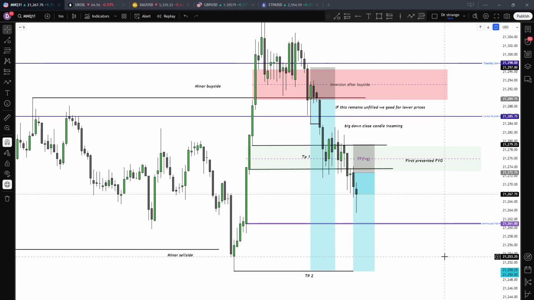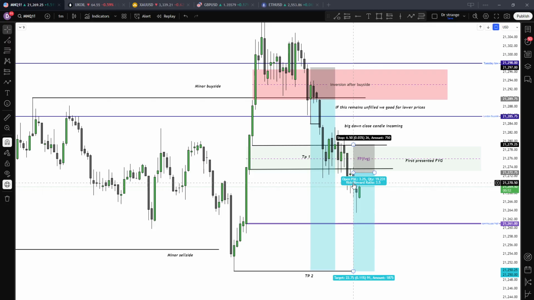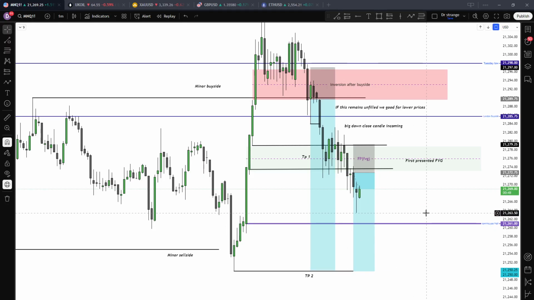You notice from this point here how each candle's low is consecutively lower than the other candle's low. And this momentum continues even up here. Do we respect that? Or do we start to break the highs?